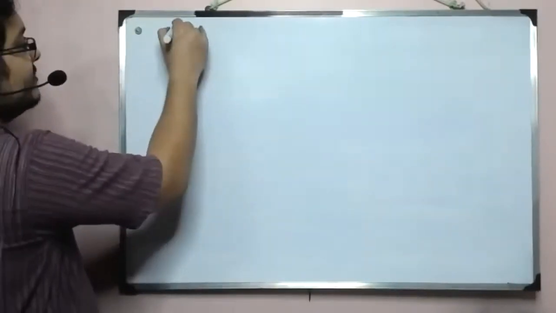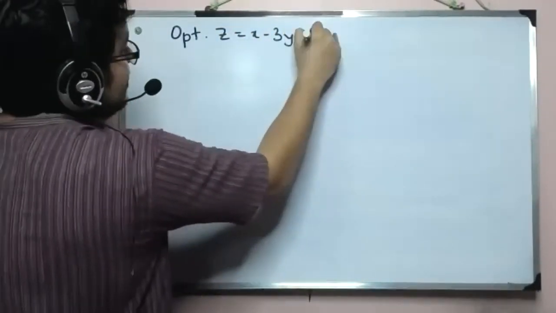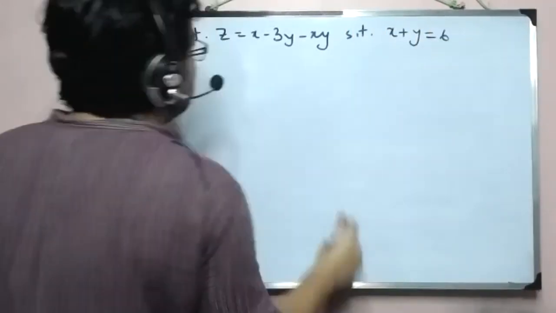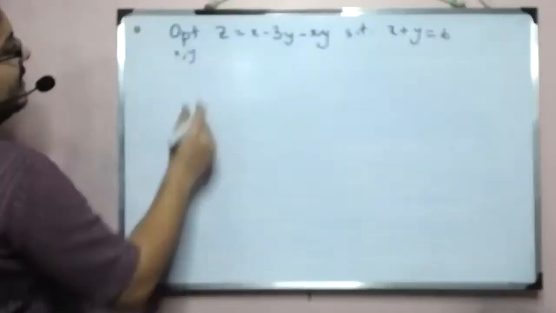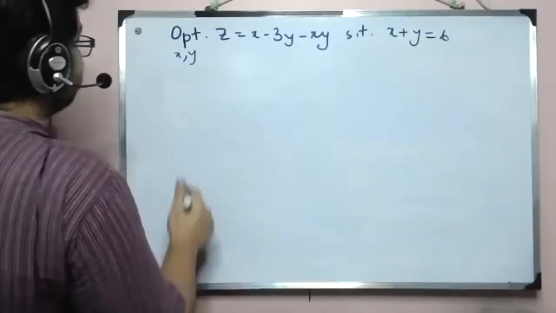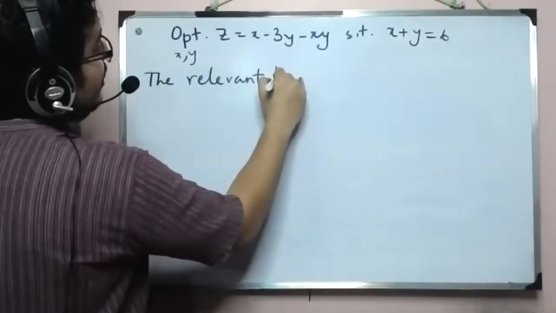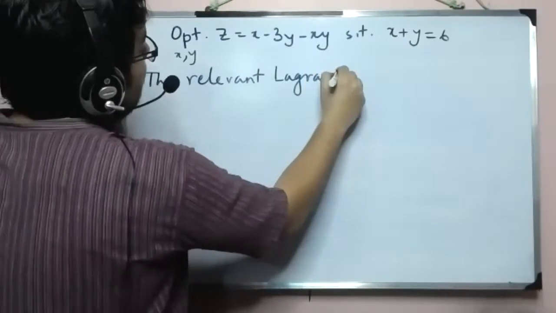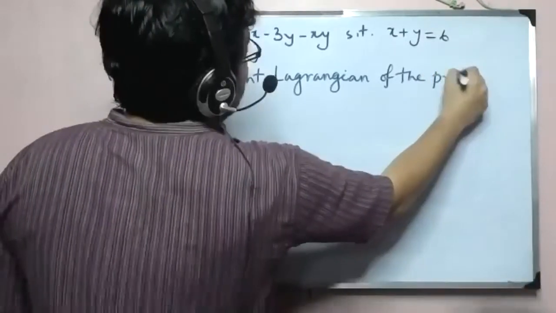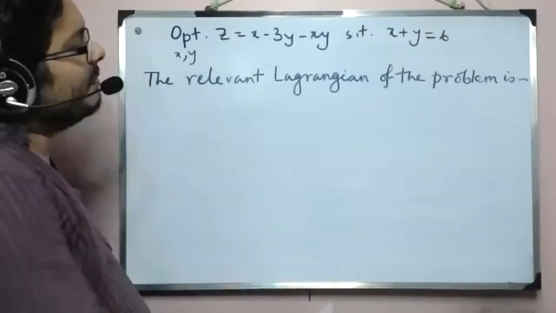So obviously our optimization problem remains the same, right? So z equals x minus 3y minus xy subject to x plus y equals 6. The only reason I'm writing this in one line is because the Lagrangian construction is quite huge. Now, the relevant Lagrangian of the problem is, remember, because I have seen sometimes people writing Lagrange here.